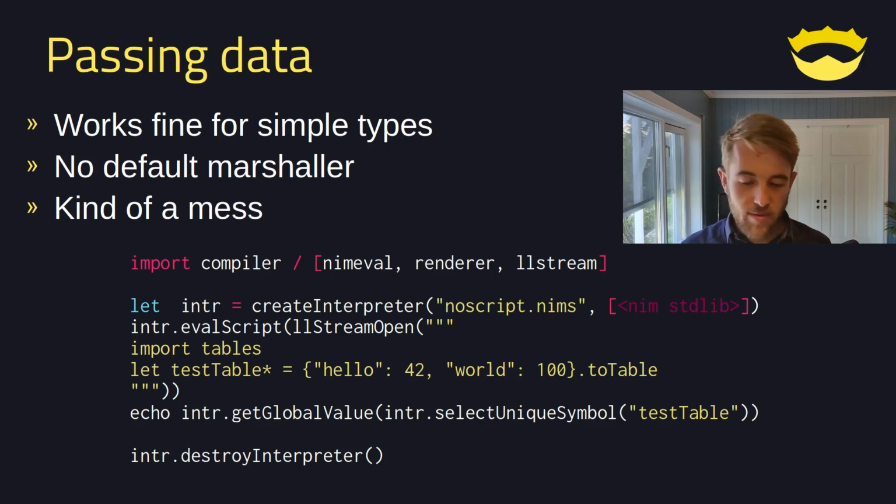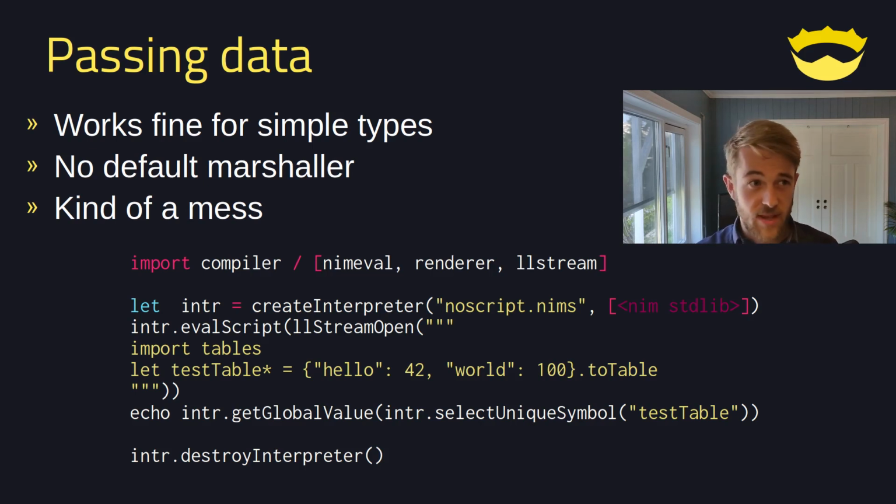It works well for simple types. But you will have to do stuff like get this, and then, similar to how JSON works, you would have to do getInt, getStr, stuff like that. And there's no default way to marshal back and forth between the more complex types.